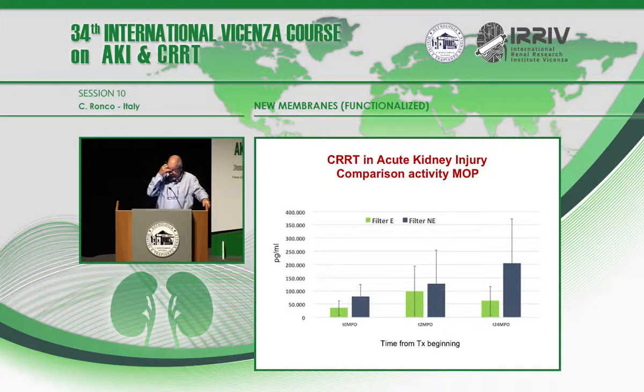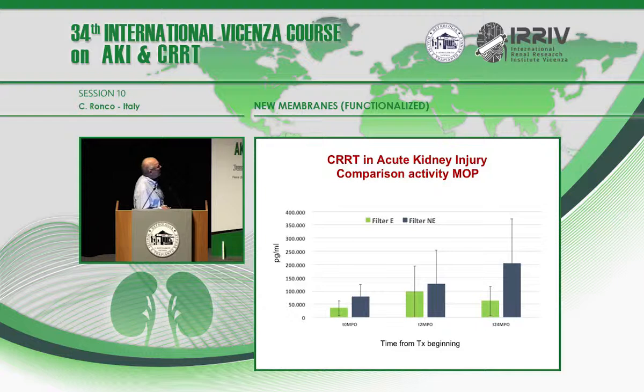In CRRT, in patients with acute kidney injury, we did an exploratory trial, and what we found was a significant reduction in the production of oxidant species over time. This is T0, T2, and this is 24 hours.